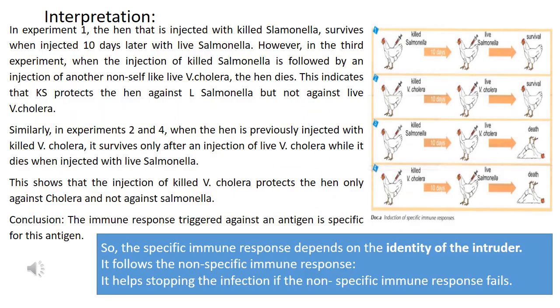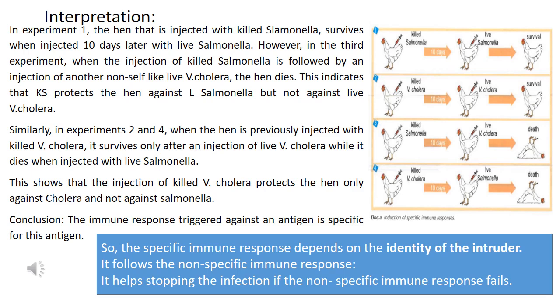As you know, to do an interpretation, you should do first an analysis followed by a significance. And to do the analysis, you should indicate the variable factor in the experiment. If you look at these experiments, you see that the variable factor is the type of antigen or of non-self that is injected, whether it's the same as the weakened one or a different one.